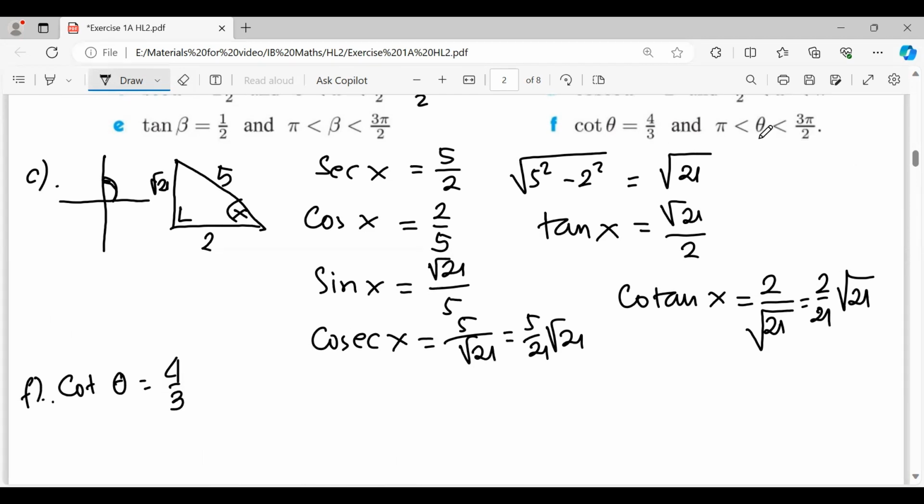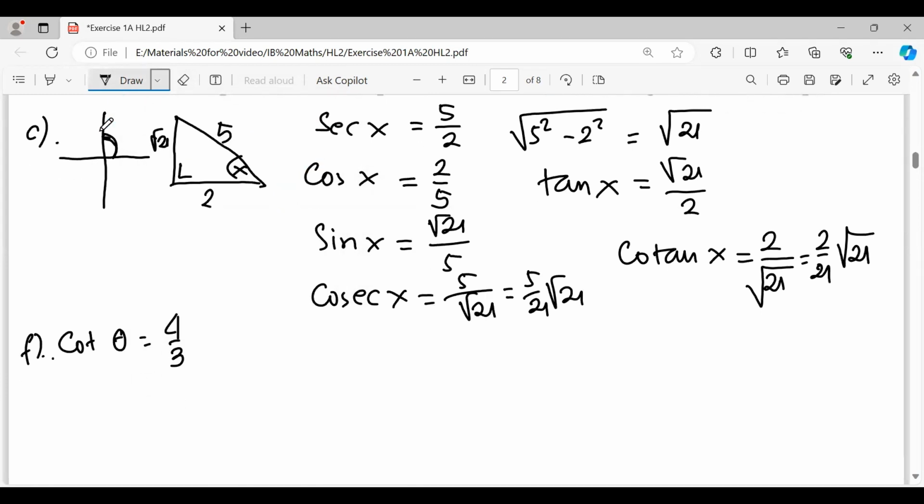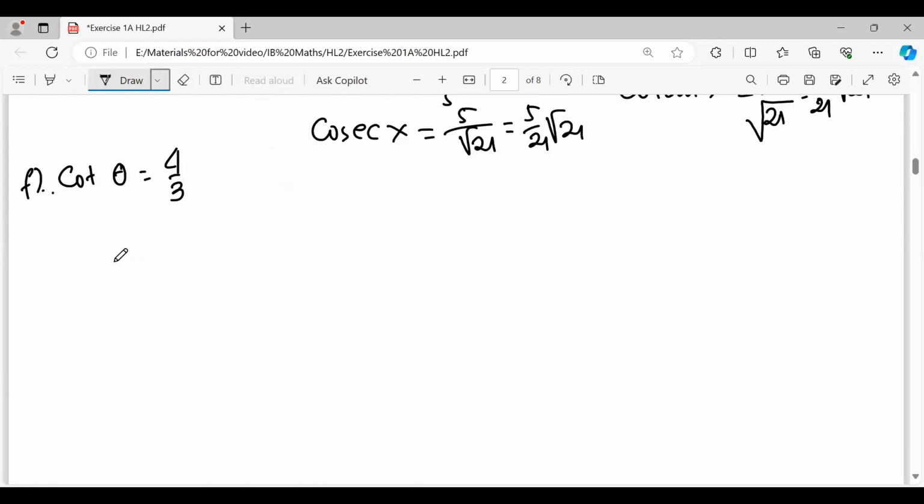And the interval pi to 3/2 pi. The interval here, pi to 3/2 pi here at the third quadrant.